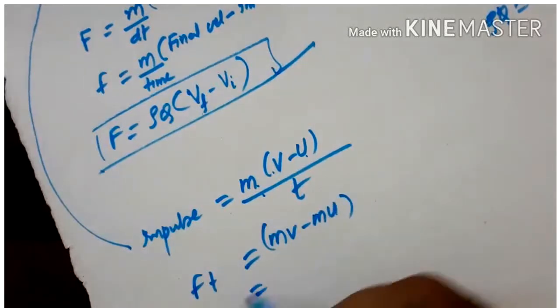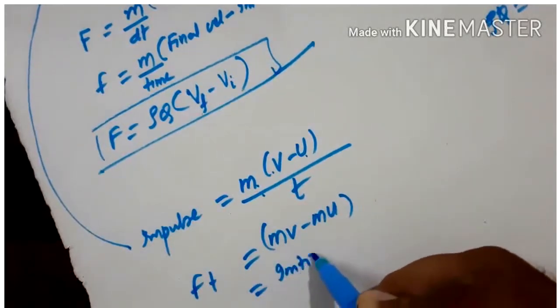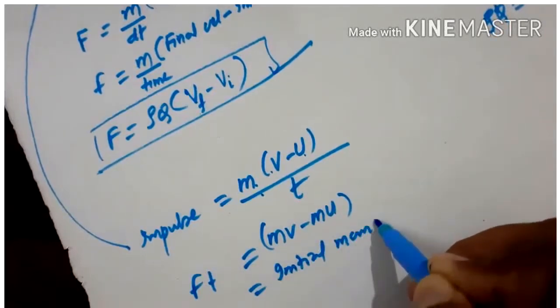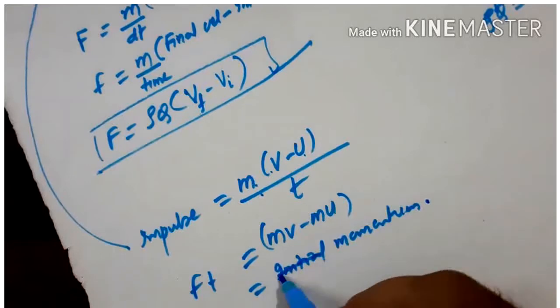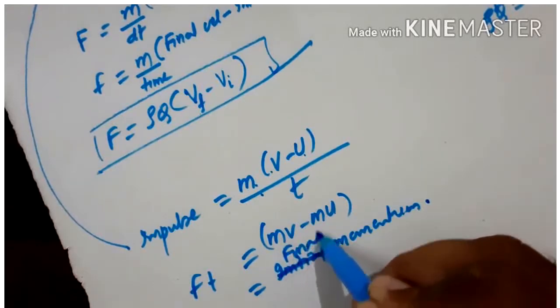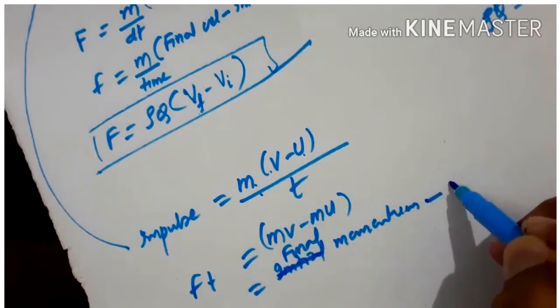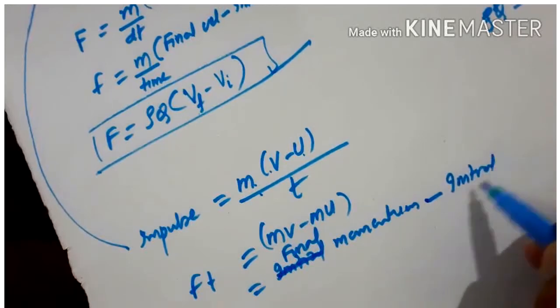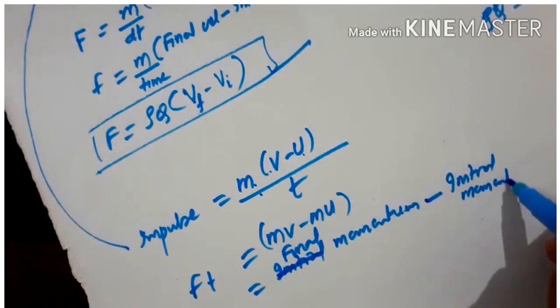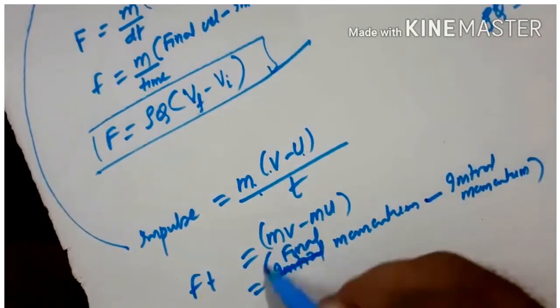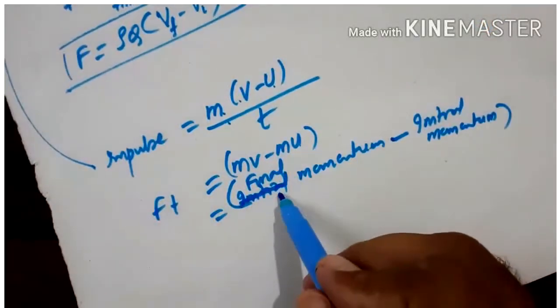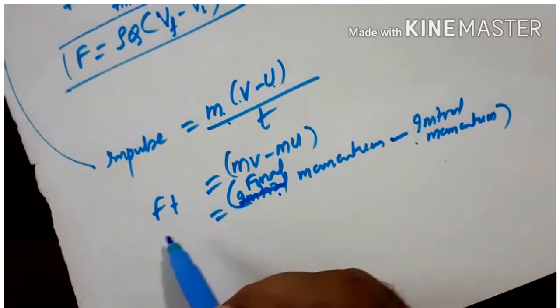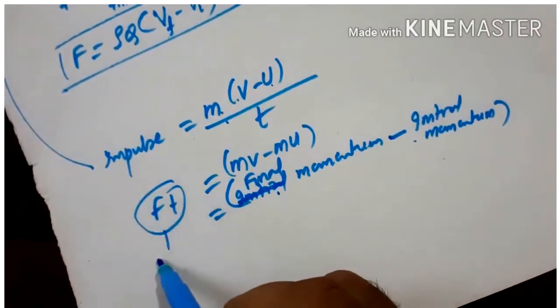So what does it give? Final momentum minus initial momentum. So impulse is nothing but final momentum minus initial momentum. This F into t is nothing but impulse.